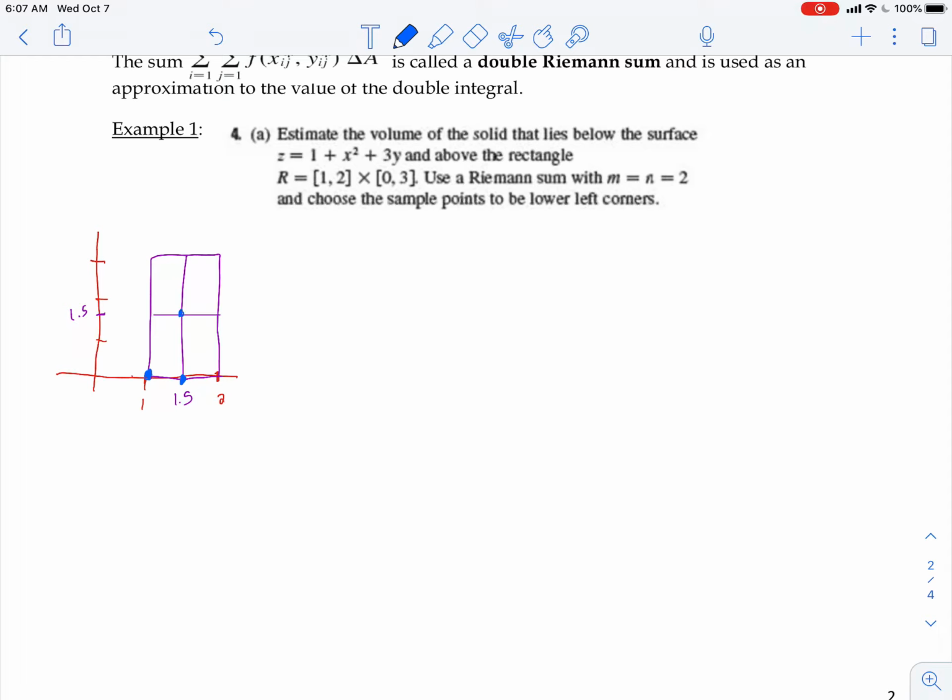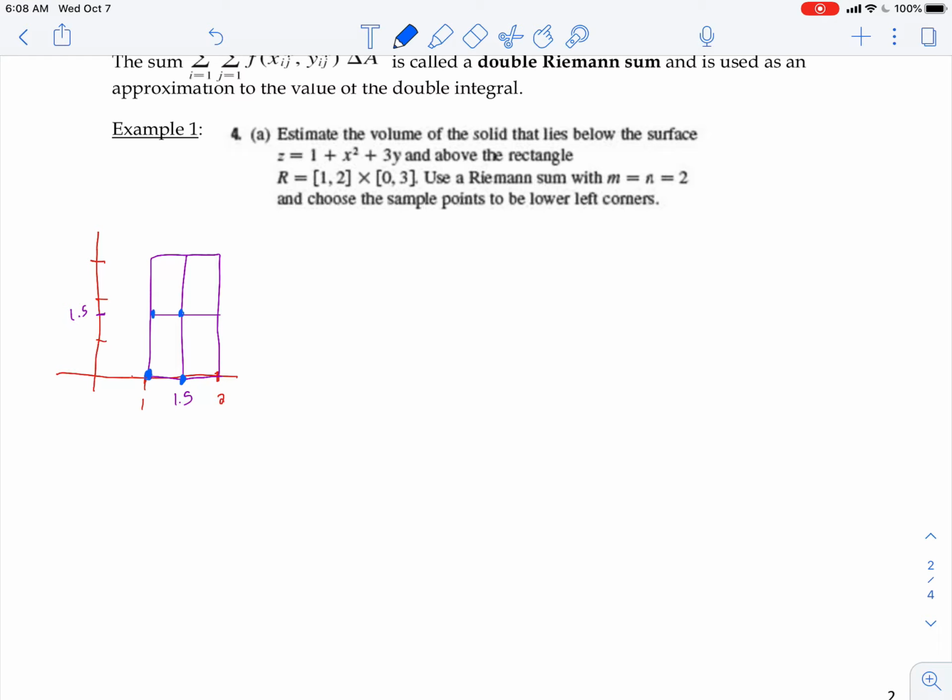This rectangle is going to be found by this lower left corner, and this rectangle right here is going to be found at that lower left corner. The problem will tell you where to take it. It could say upper right corner, and in that case it'd be there for all subrectangles, upper left corner, or lower right corner.